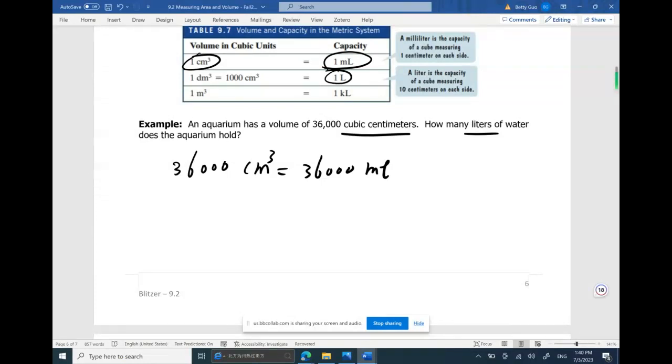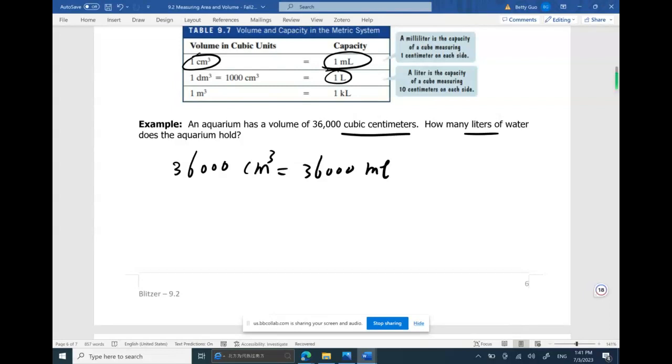So we go from cubic centimeter to milliliters first, like finding a bridge. Even if we don't have the conversion equation that connects the two units, we can find a bridge, go from cubic centimeter to milliliter, and then from milliliter to liter.